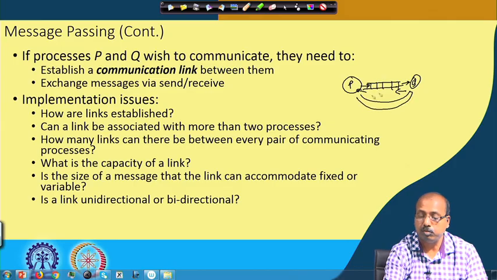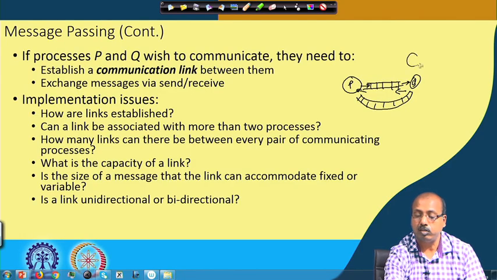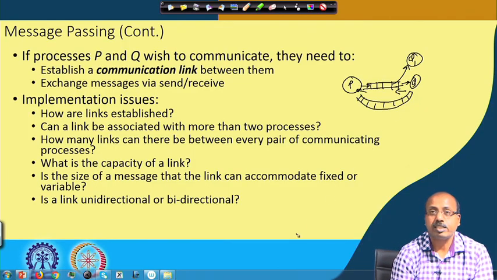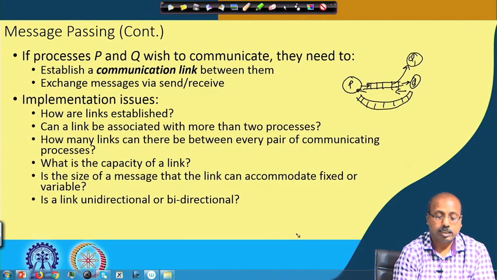Maybe the same message queue feeds not only Q, but also another process Q1. Can it be there? What is the capacity, like how many messages can I send, or how big messages can I send through this link? That is also another thing.